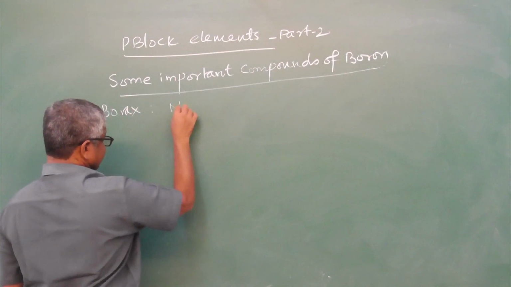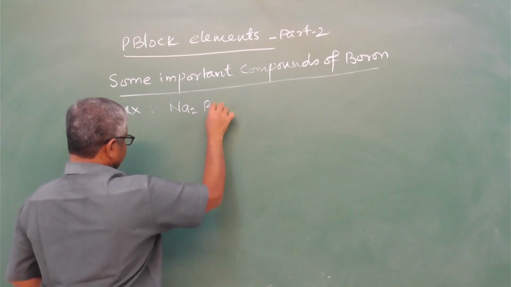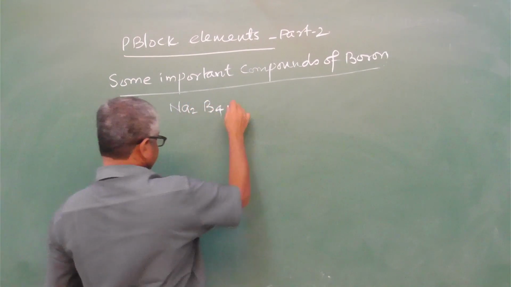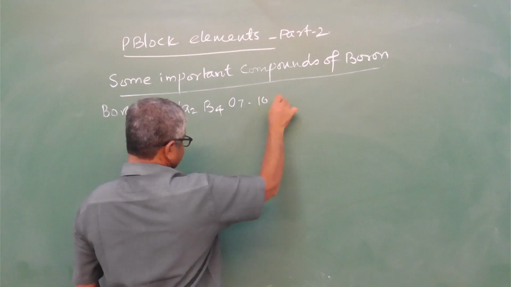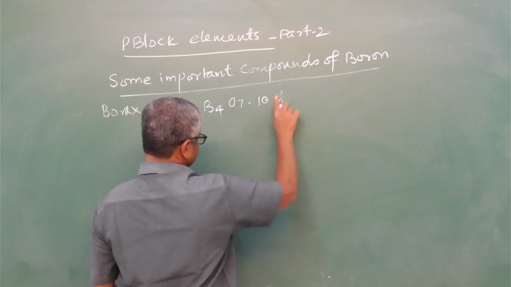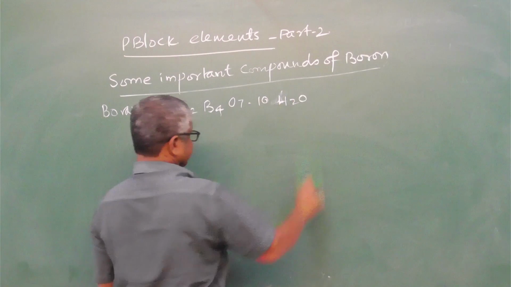Formula: Na2B4O7 with decahydrate, 10 water molecules.